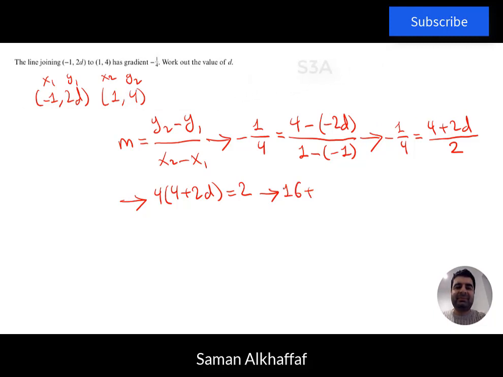and also plus 8d, and we also have 2 on the other side, so that would give us 16 will be moved to the other side, so we would have 8d equal -14, and now we would have d being equivalent to -14 over 8.